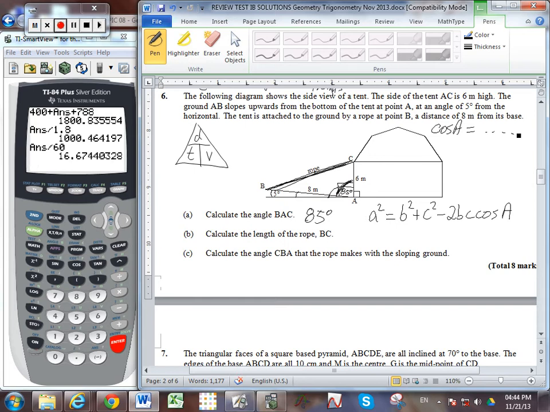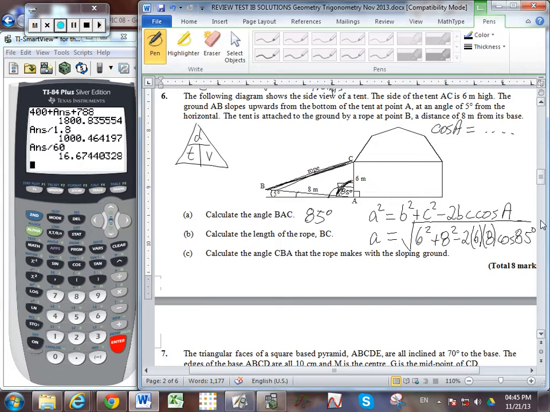Let's substitute. So the side that we're trying to find is going to become the square root of all of this stuff. B is the side opposite angle B, that's 6 meters, so 6 squared plus 8 squared. So I'm starting by adding the other 2 sides squared, and then I subtract 2 of those sides times the cosine of angle A, which I figured out was 85 degrees.